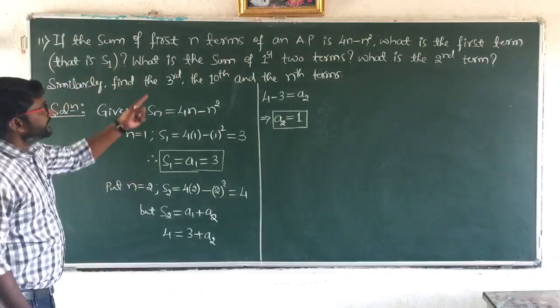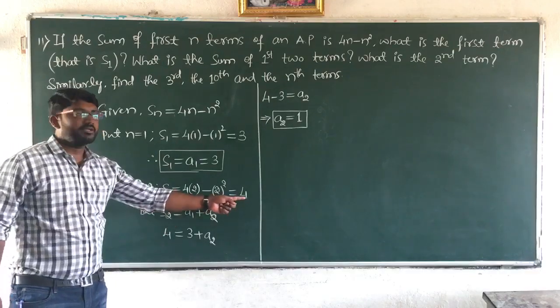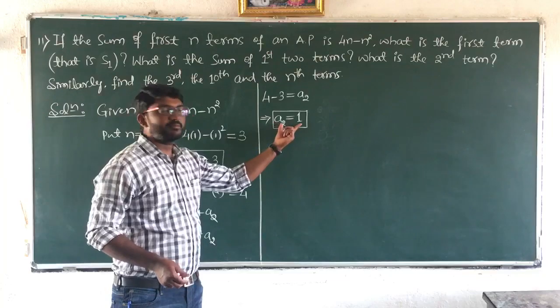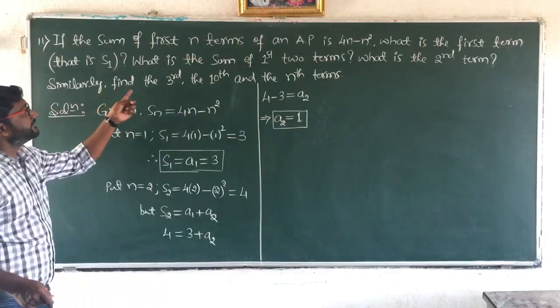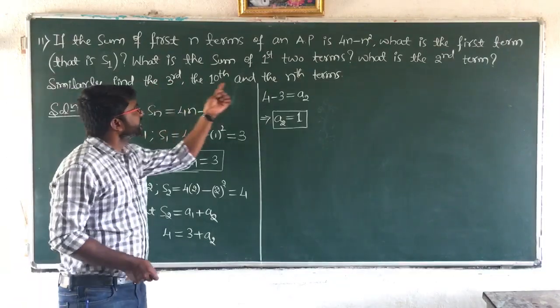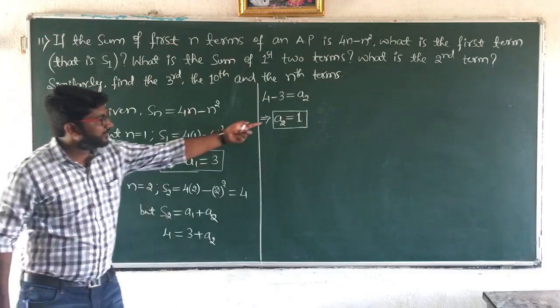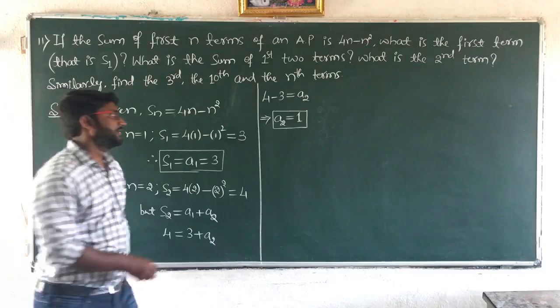So now the sum of first two terms, S2, is 4, and the second term we have calculated also, it is 1. Then what do we have to find now? Similarly, find the third, the 10th and the nth terms. In order to find these terms, we need to calculate the common difference. We have A2 as well as A1. From these two, we can calculate the common difference.